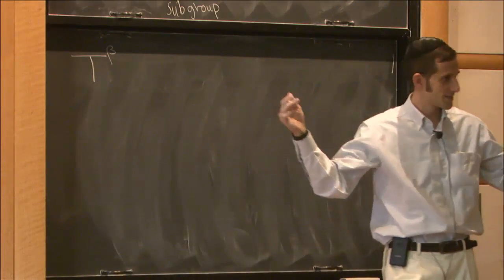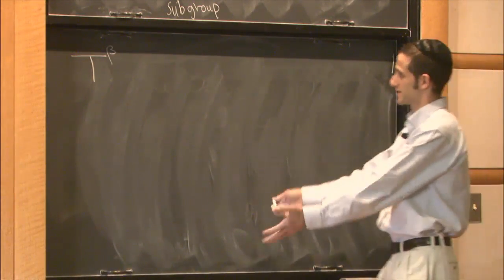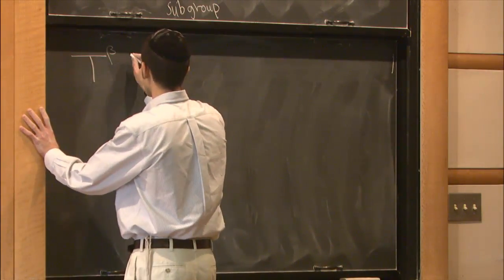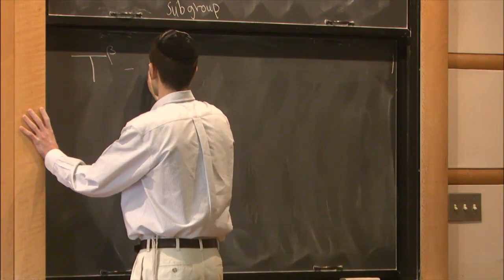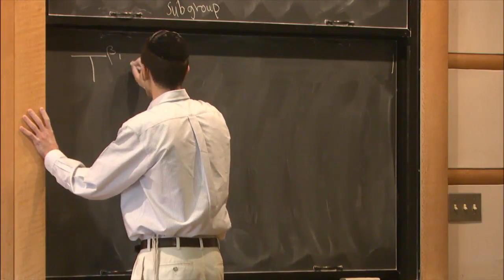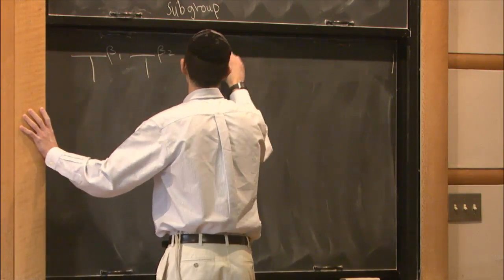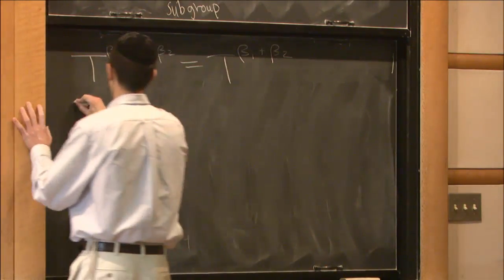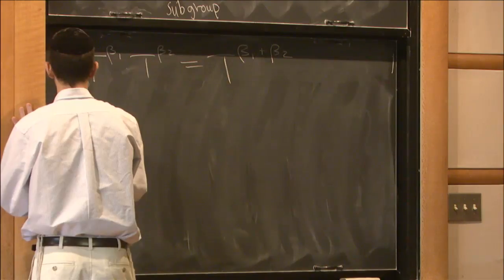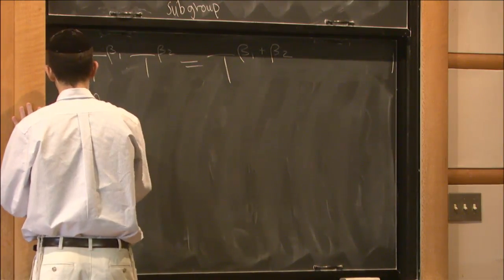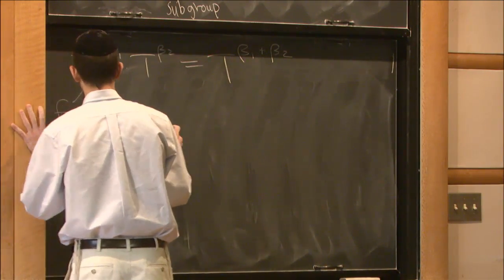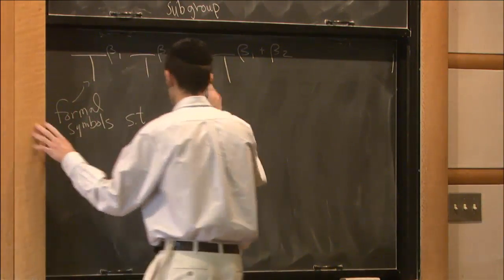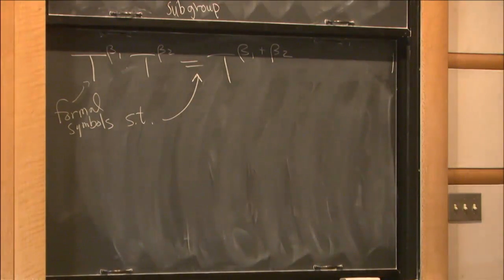Exactly, you take a sub-monoid in pi and then take its group ring. T^beta is just a symbol, right? So t^(beta_1) times t^(beta_2) equals t^(beta_1 + beta_2). These are just formal symbols, notation for the group ring, such that they satisfy this algebraic relation.